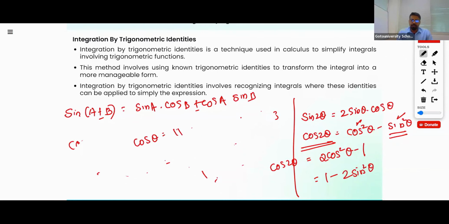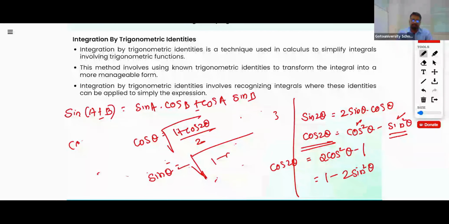Cos square theta is equal to 1 plus cos 2 theta divided by 2. Am I right? Yes. So what is sin square theta then? In the place of plus we have minus, that is 1 minus cos 2 theta divided by 2. Yes. That means I can also use this to write tan theta and cosecant theta, right?